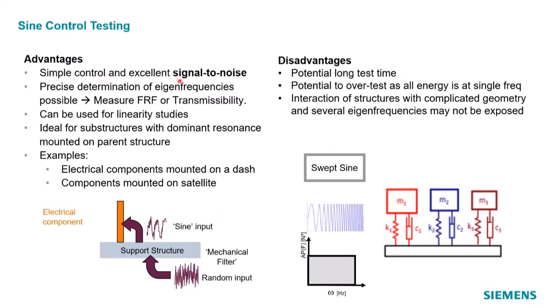Sine testing provides a good signal to noise, so you're exciting at particular frequencies or multiple frequencies. You're also getting some good signal back from those responses, way above the noise floor, so you get really good signal to noise. And what that leads to is if you're measuring forces, you can measure transfer function or FRF.